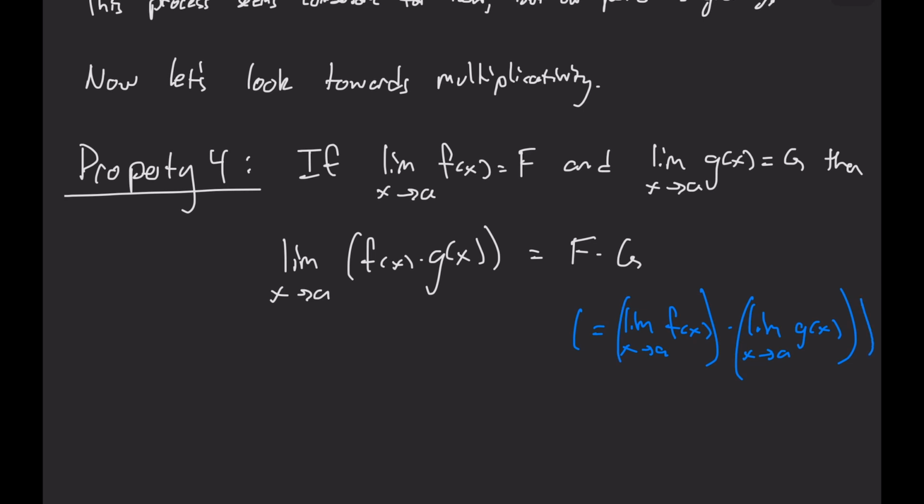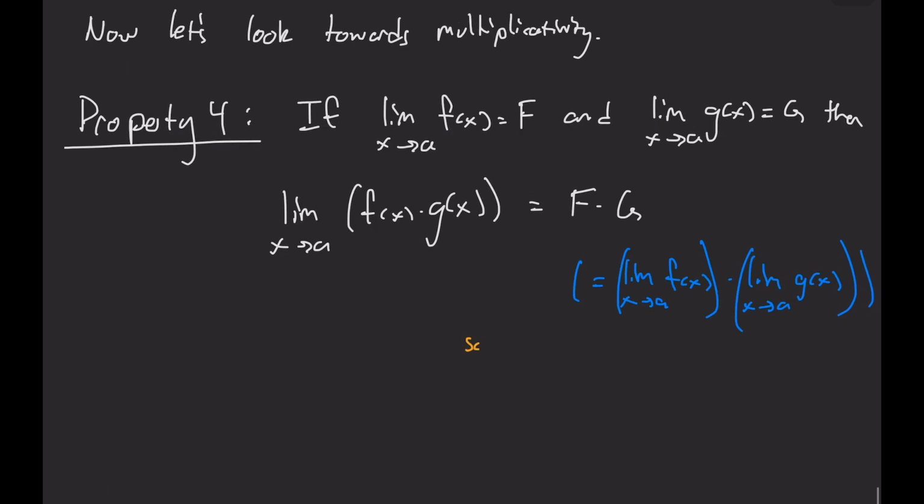We can interpret that as the limit being distributed over the factors of that product, again, when it exists.